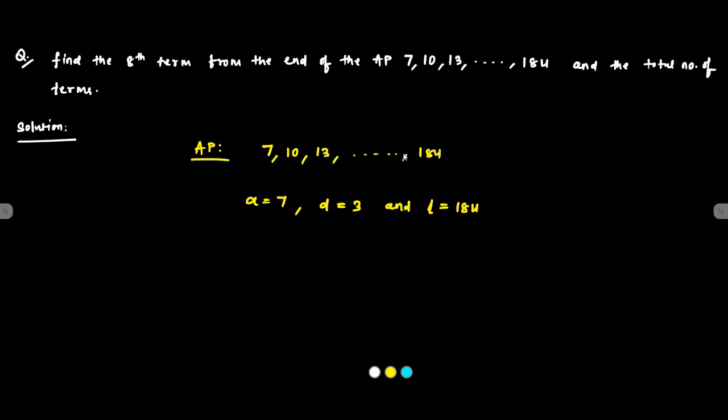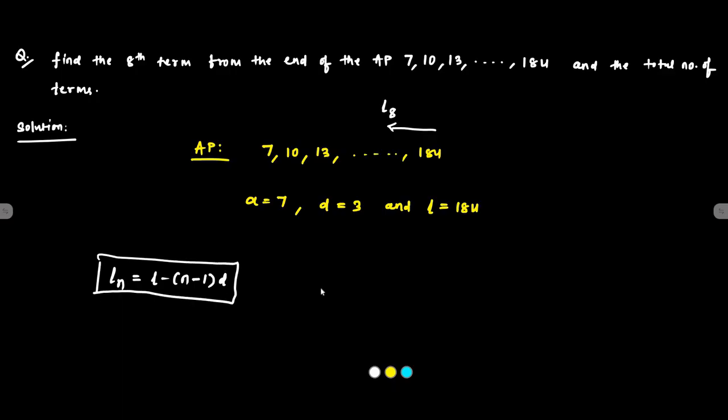So here it has been asked to find the 8th term from the end, from the last. So we have derived the formula for the general nth term from the end, which is equal to L, the last term, minus the particular n, the term from the end which we have to determine, minus 1, into d, the common difference.